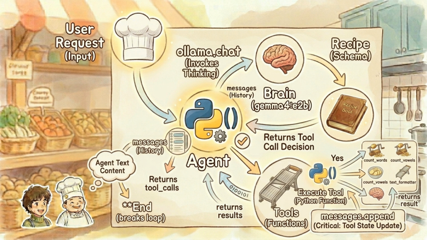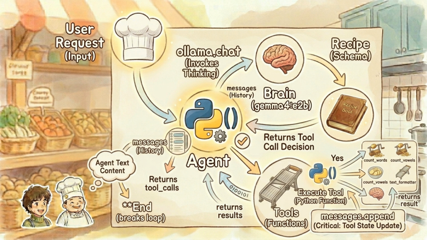The action. The chef, runAgent, executes that command, grabs the physical tool, counts the words in sparrow.txt, and hands the raw number back to its brain. The next step, the brain looks at the result, checks the recipe book again, and says, "Great, now use the count vowels and consonants tool."